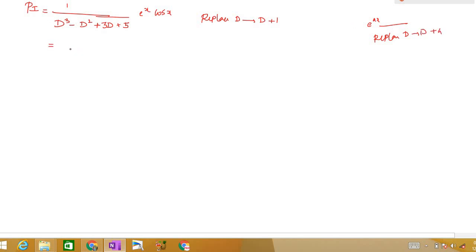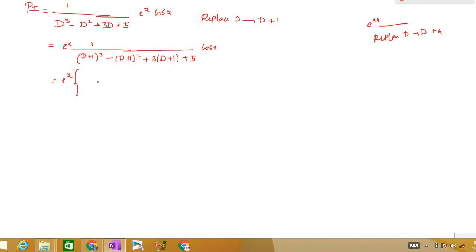So here e power x will be taken outside and we replace d by d plus 1. So this will be 1 by (d plus 1) whole cube minus (d plus 1) whole square plus 3 into (d plus 1) plus 5, into cos x.